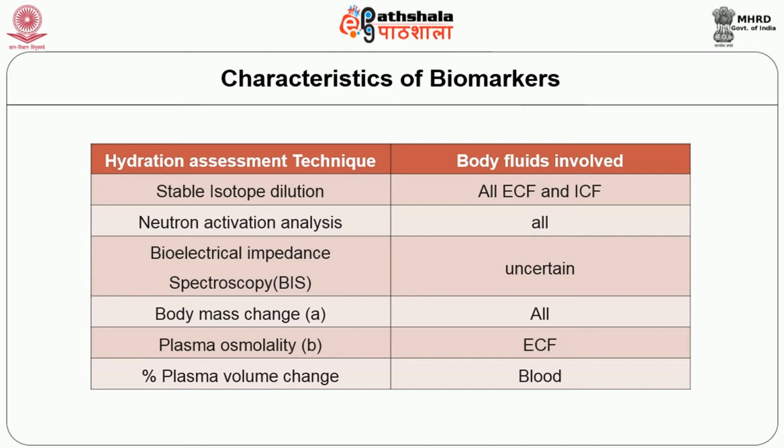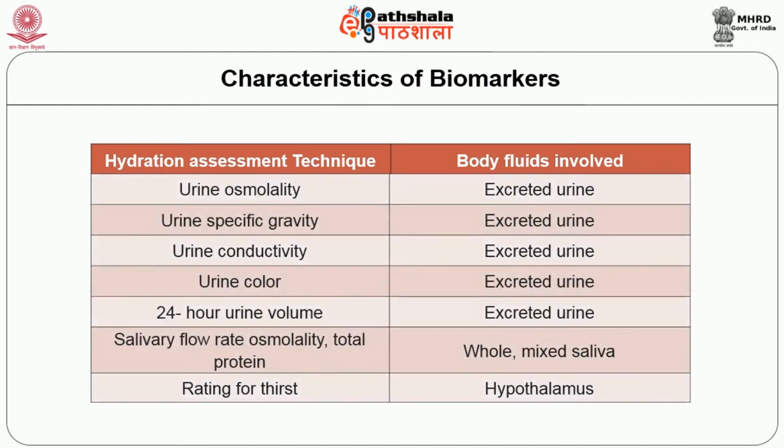Body mass change and plasma osmolality are done in ECF, and plasma volume change is done in blood. In excreted urine, urine osmolality, urine specific gravity, urine conductivity, urine color, and 24-hour urine volume are all carried out. And in saliva, salivary flow rate, osmolality, and total protein are measured.